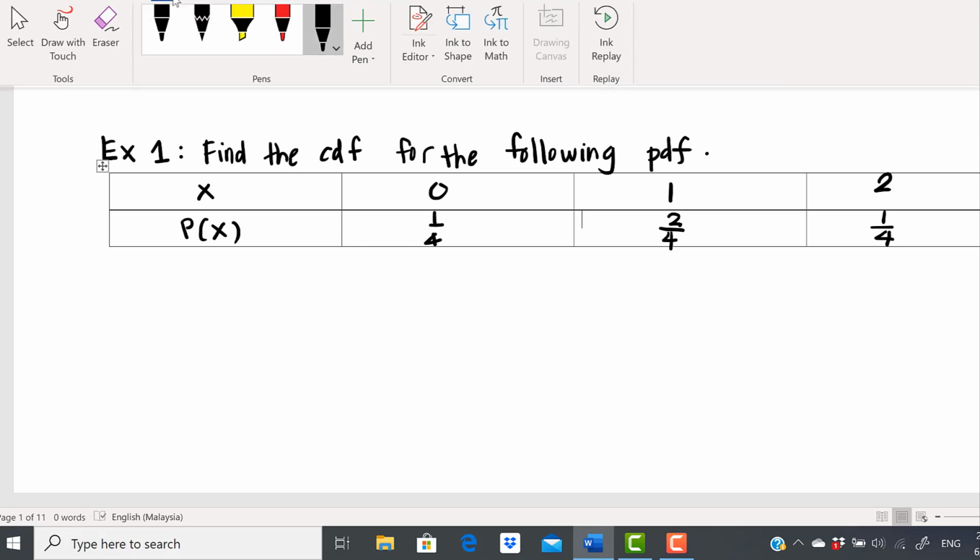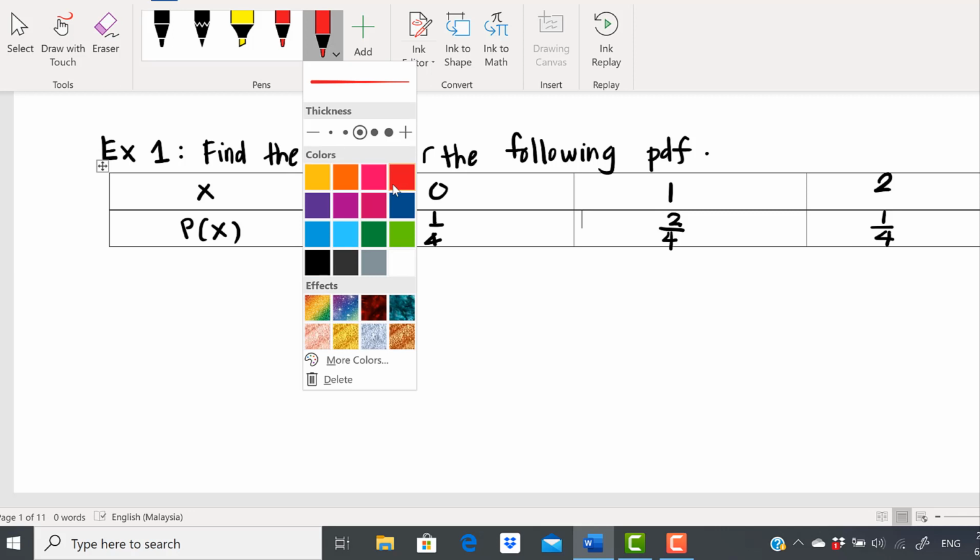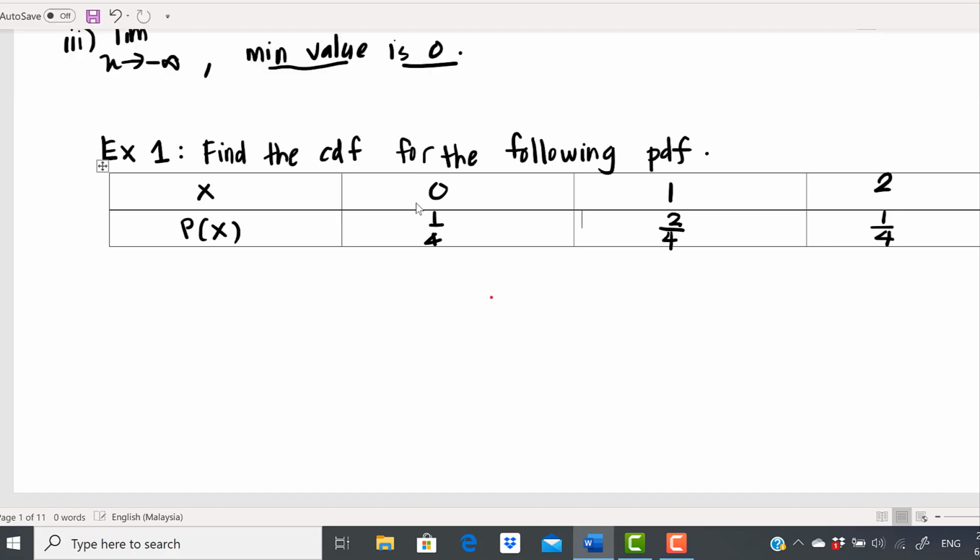Okay, we have the x: 0, 1, and 2. So we can say that 0 is the minimum value and 2 is the maximum value.